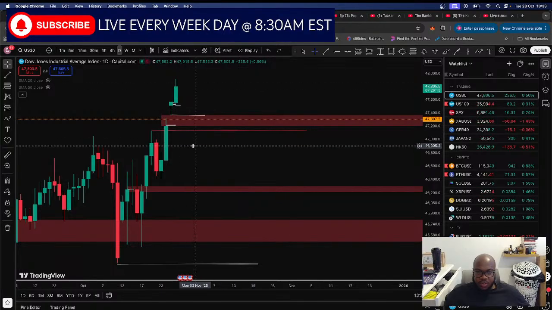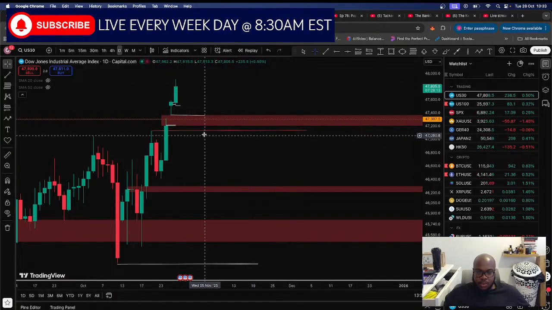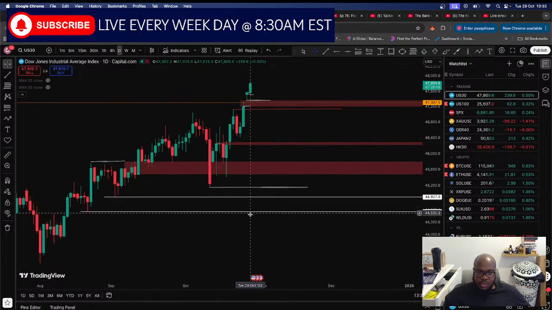If we get an aggressive close inside of the gap or inside of external liquidity, that will actually confirm a potential decline, and a crash down into target these levels down here.